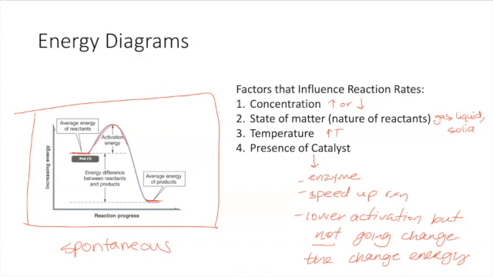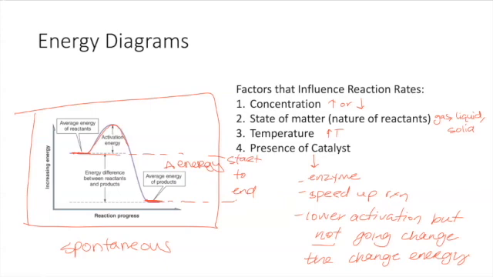So we can quantify the change in energy. We can put numbers on it. And so that's the difference from the starting point to the end point. Right? The activation energy is not accounted for in that change of energy.